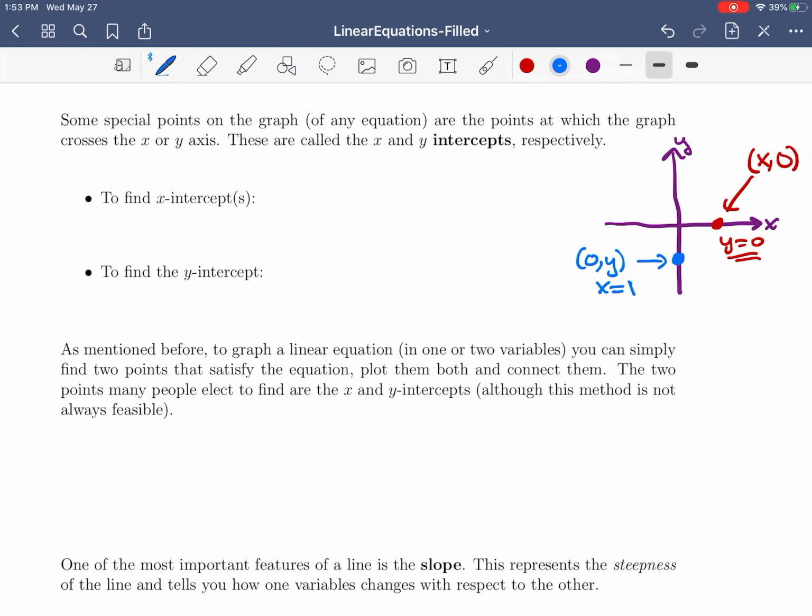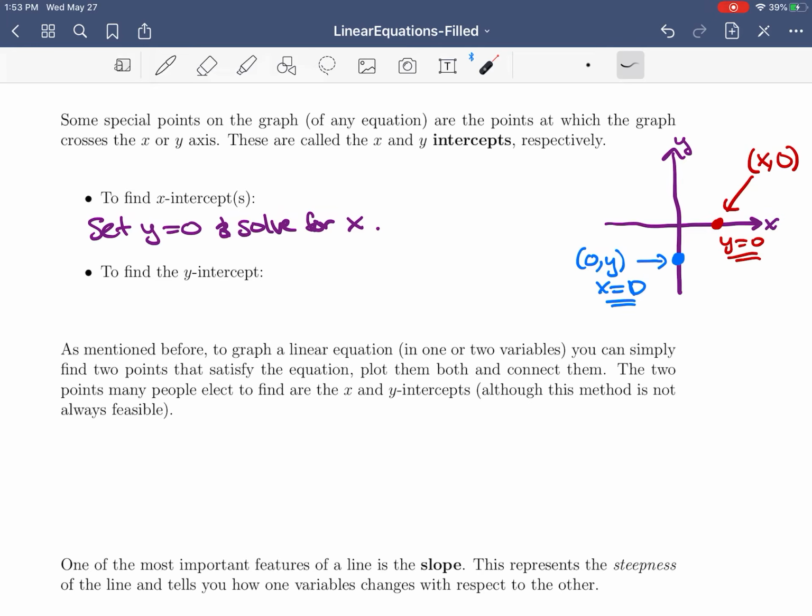So here we have x equal to 0. This is precisely how we find these intercepts. Okay, so if you want to find the x-intercept, what you're going to do is set y equal to 0 and solve for x. Now notice that I wrote intercepts, with an s there possibly.